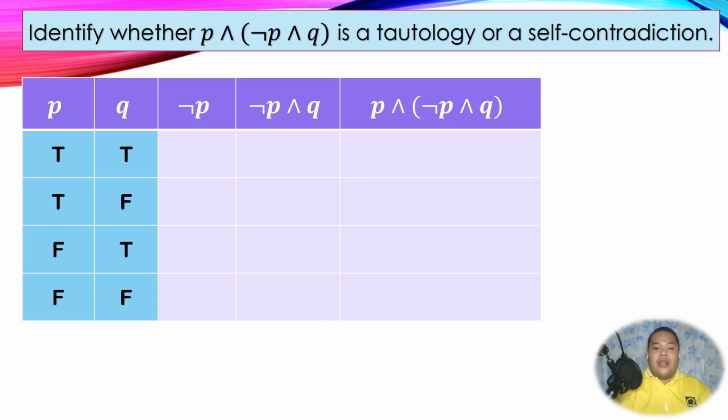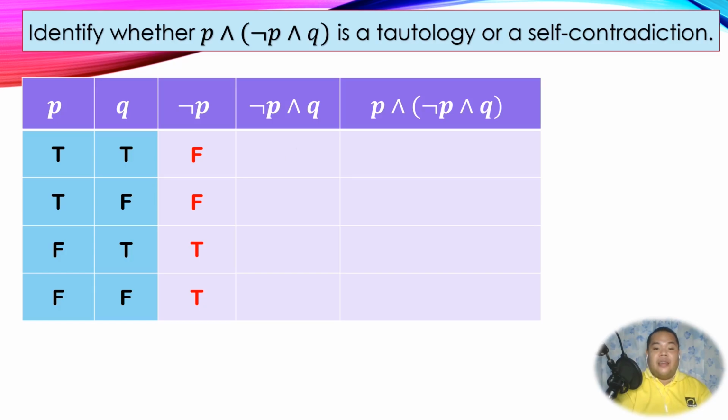So, not P will be false, false, true, true. Next is we combine not P and Q. The logical connector is AND, which means that both of the two statements must be true to make it true.